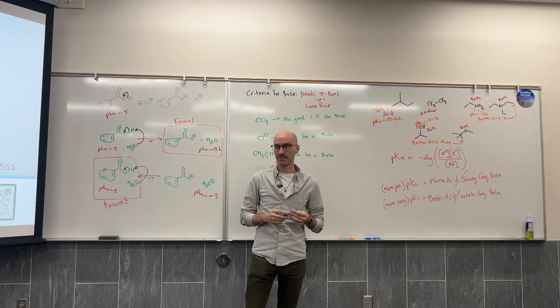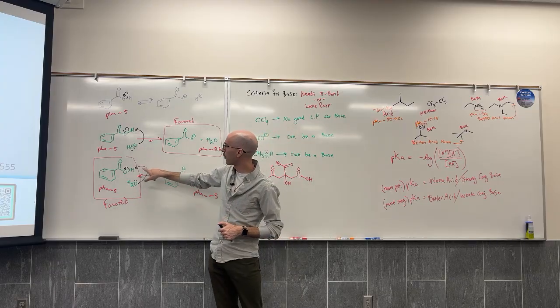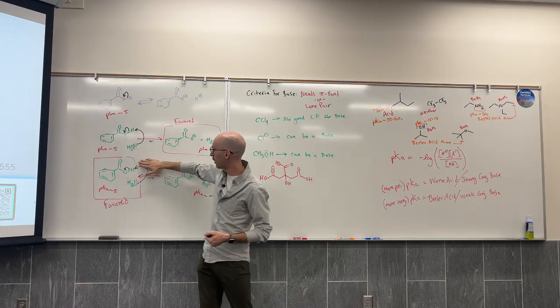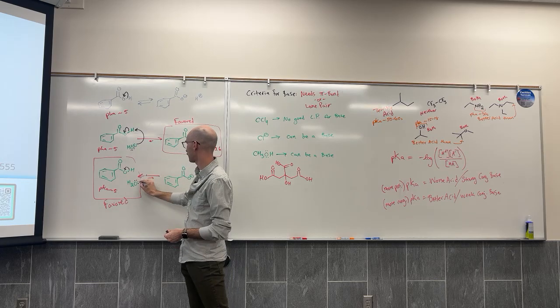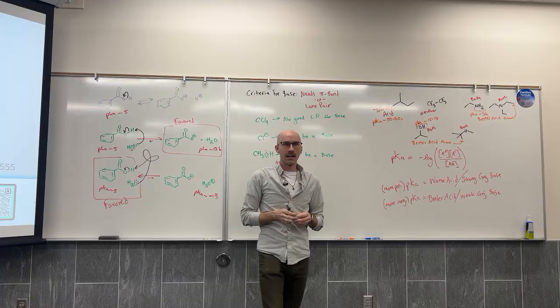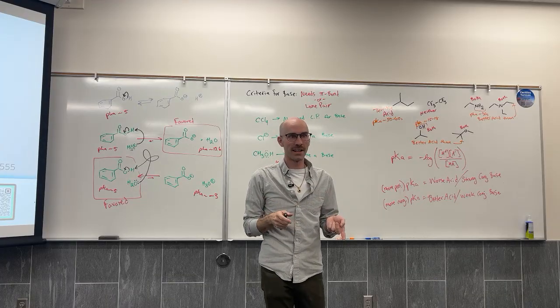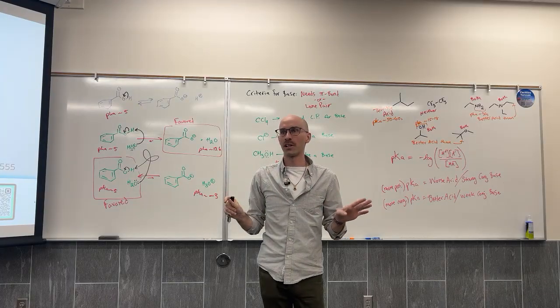Fun, right? And did you notice how my arrows can really do whatever I want? I can take this arrow in this last reaction. As long as it starts and it ends in the right place, it really doesn't matter what it looks like.